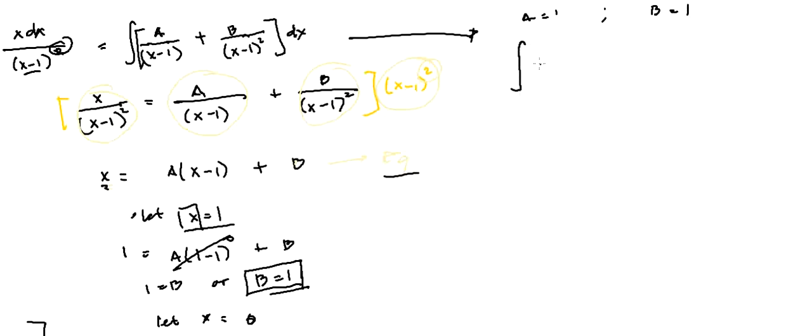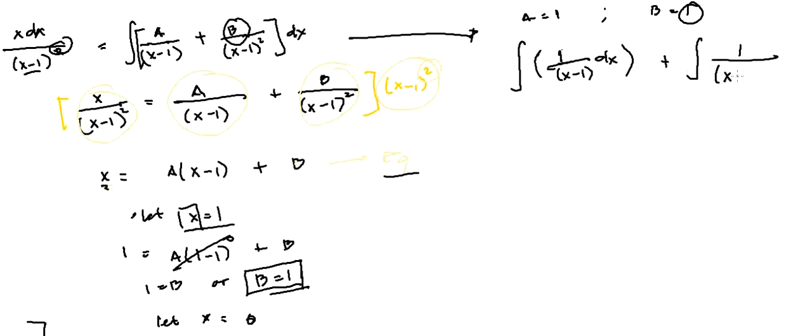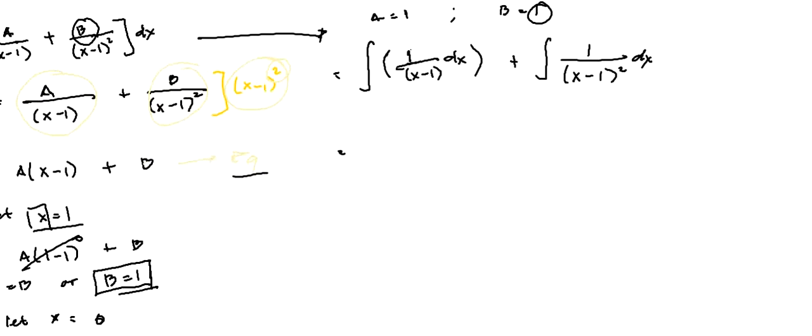Therefore, this is equal to the integral of 1 all over x minus 1 dx, then plus the integral of 1 all over (x minus 1) squared dx, right? So from here, we can now perform integration.